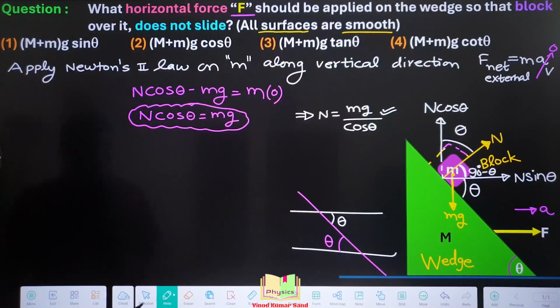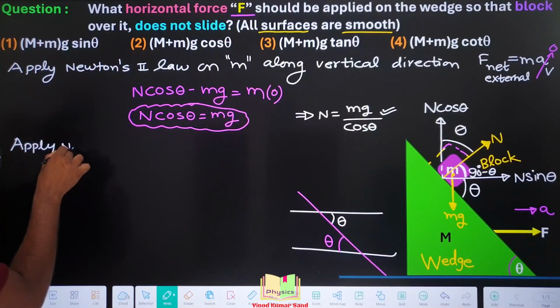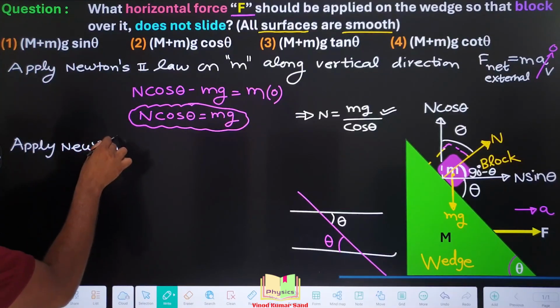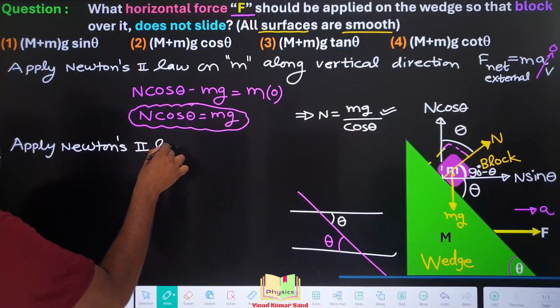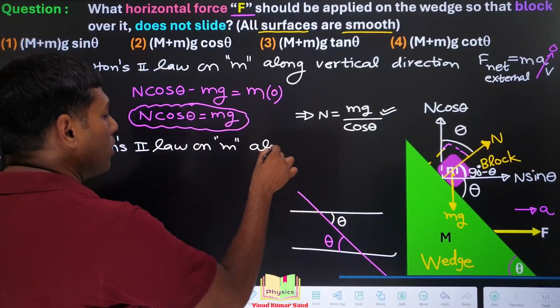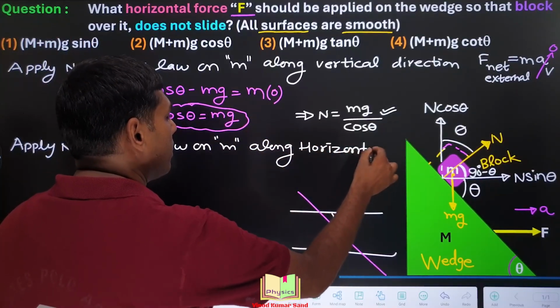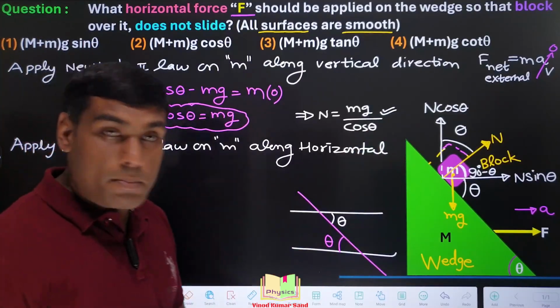Now, apply Newton's second law on small m along the horizontal direction. Newton's second law says the net external force is equal to mass times acceleration.